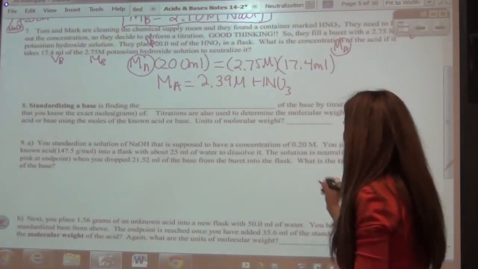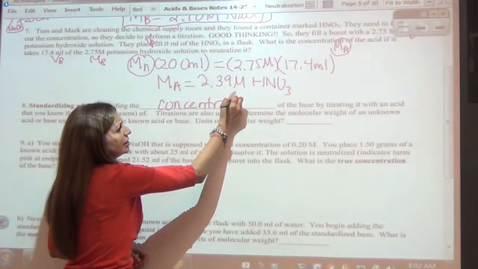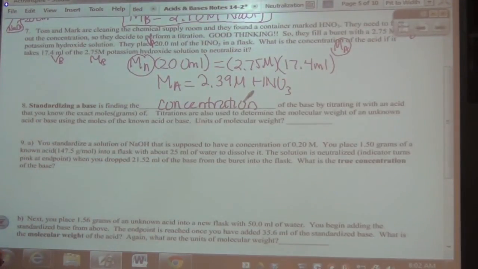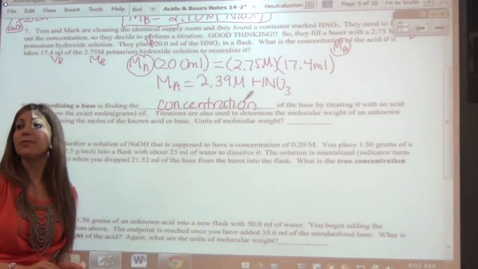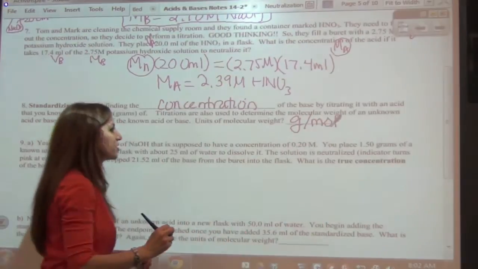Standardizing a base is finding out what the concentration is of the base by titrating with an acid that you know the exact moles or grams of. Titrations are also used to determine the molecular weight of an unknown acid or base using moles of the acid or the base. Do you remember what the units are for molecular weight? Grams per mole. Awesome.